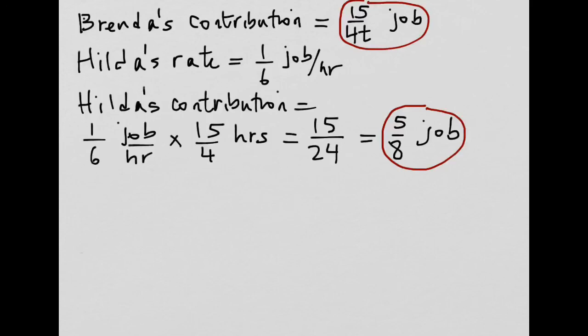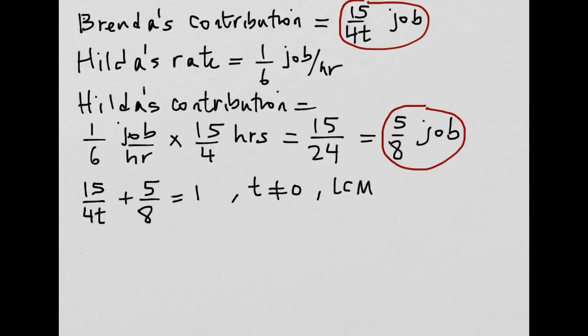Both fractional parts contribute to finishing the whole job, and therefore they add up to 1. So 15 over 4t plus 5 over 8 equals 1. Notice that t cannot be 0, and the LCM of 4t and 8 is 8t.